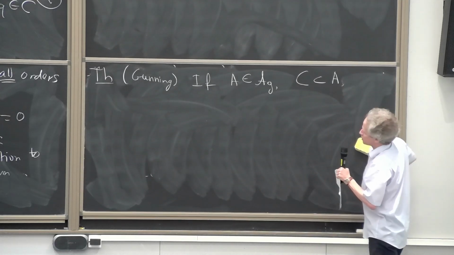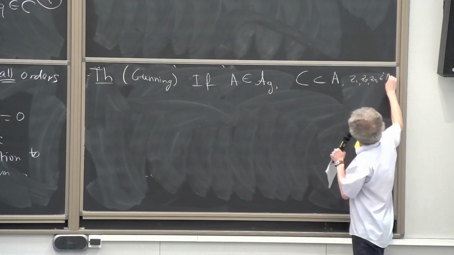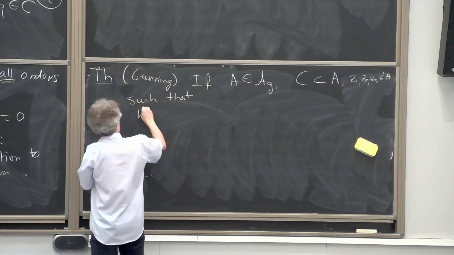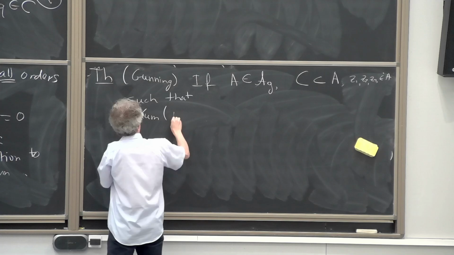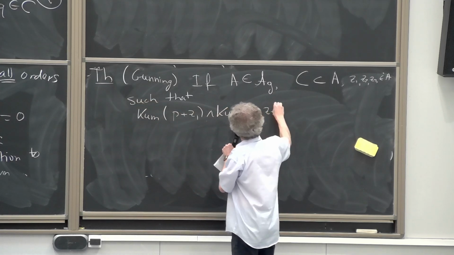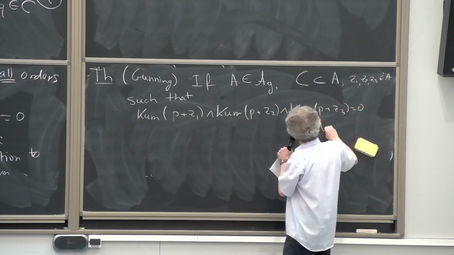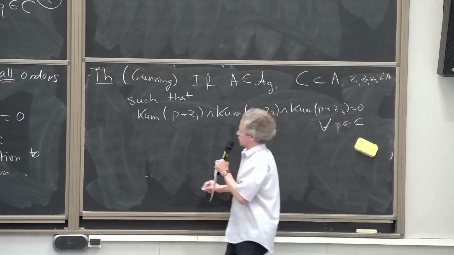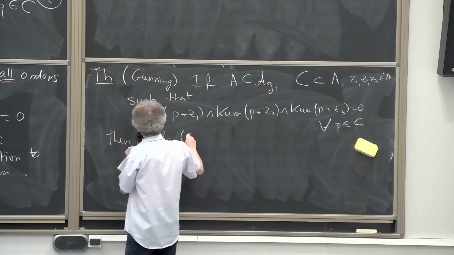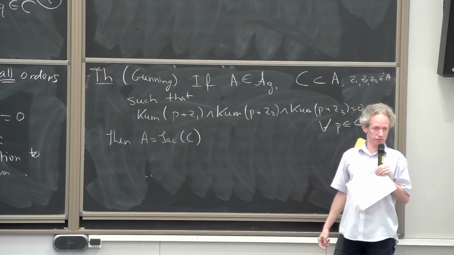They are related to Q, R, and S, but they're not the same. So Z1, Z2, Z3, such that I have a family of trisecants. So Kummer of P plus Z1, Kummer of P plus Z2, and Kummer of P plus Z3 are collinear for any point P on the curve C, then A is a Jacobian of C. That's what the result of Gunning really is, if you look at it carefully.